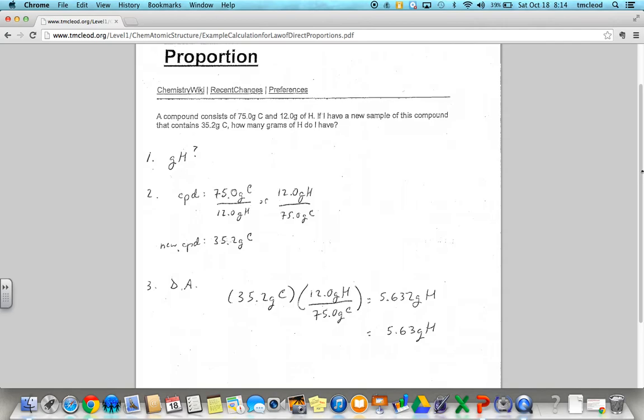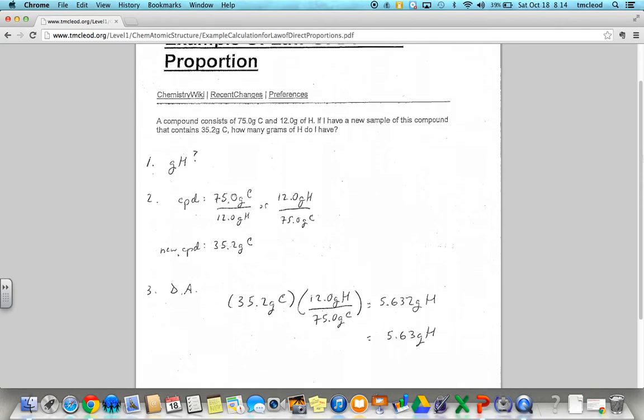And you have that relationship, and then you realize that you need 5.63 grams of hydrogen, or that there is 5.63 grams of hydrogen in your container, since you have 35.2 grams of carbon. Okay, so that's an example. That's basically the type of question you're going to get.